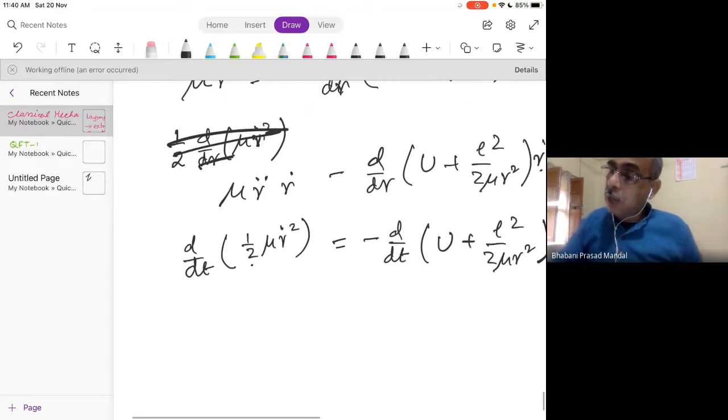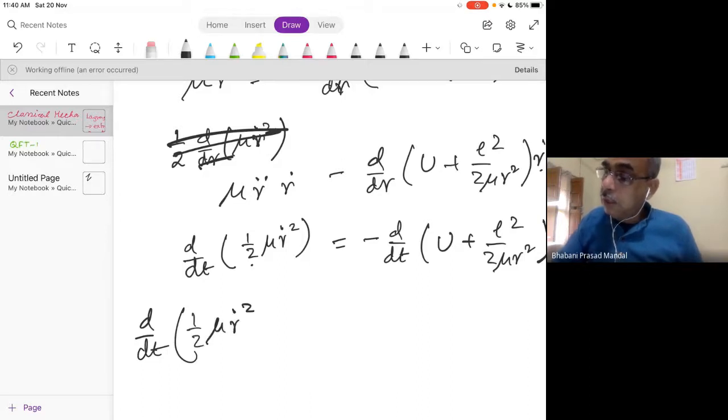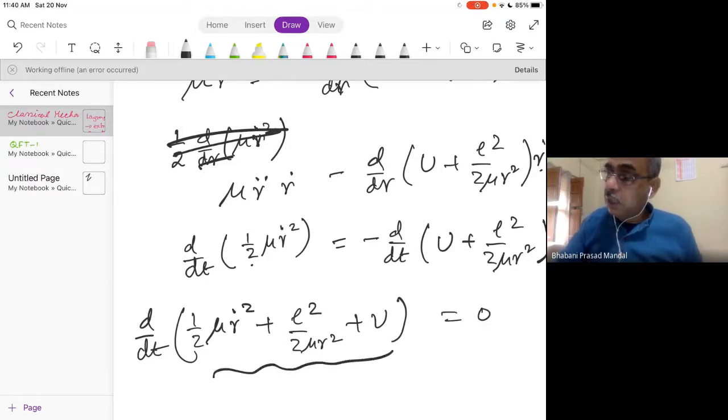So now I can write everything as d/dt of half mu r dot square plus L square by 2 mu r square plus u equals 0. This is nothing but the total energy.